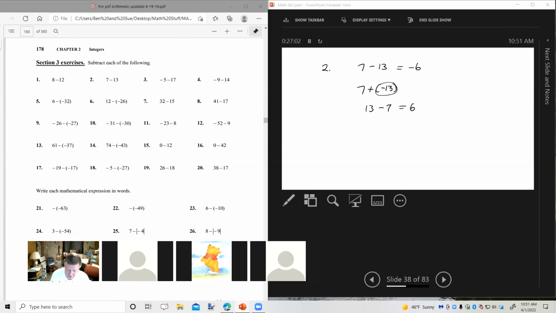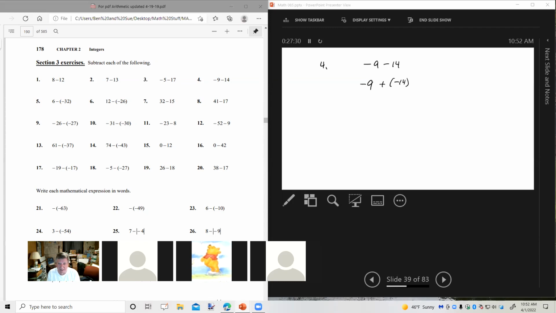Okay, let's take a look at problem number 4. Negative 9 minus 14. Now the negative in front of the 9 is not subtraction. That just makes it a negative number. The sign between the 9 and the 14 is a subtraction sign. So we're going to change subtraction to addition of the opposite.